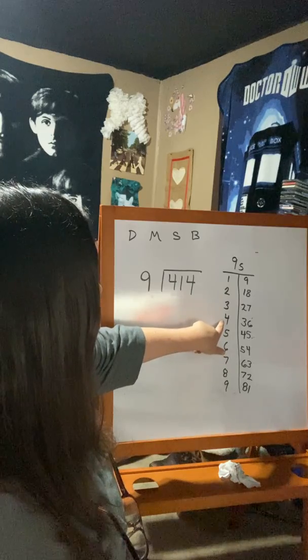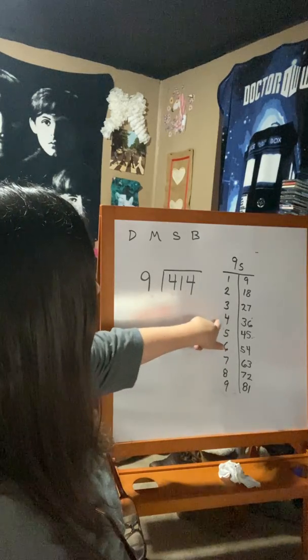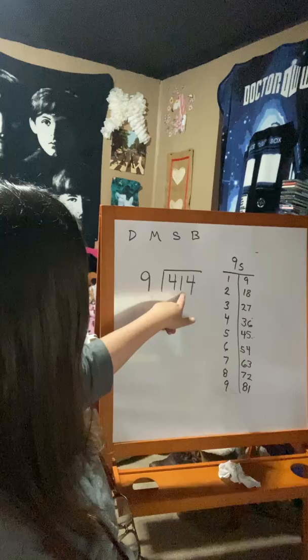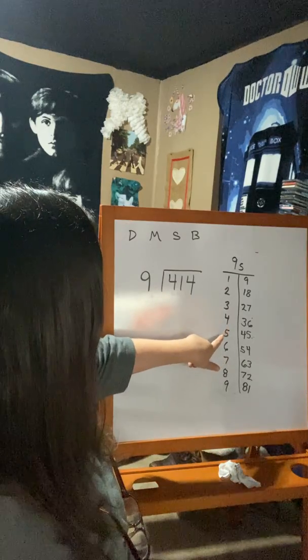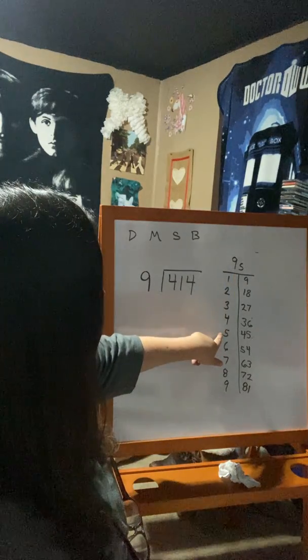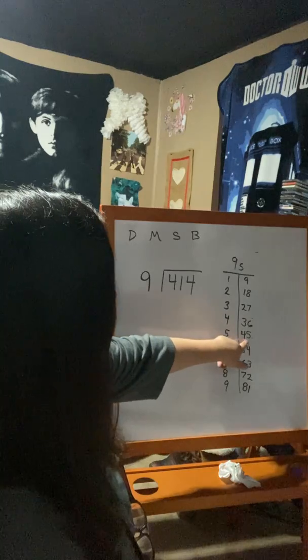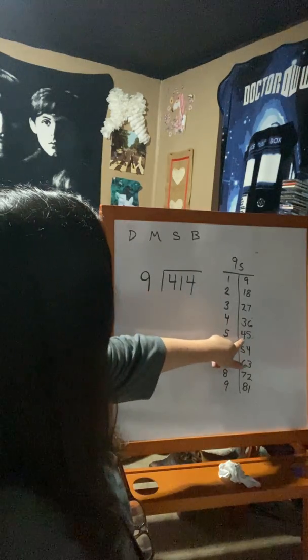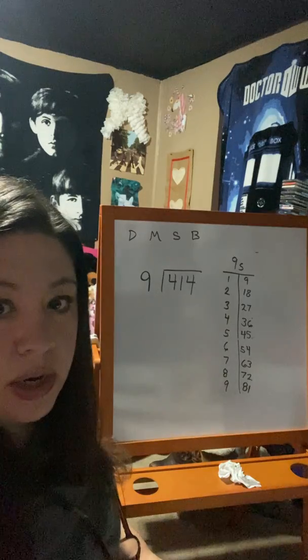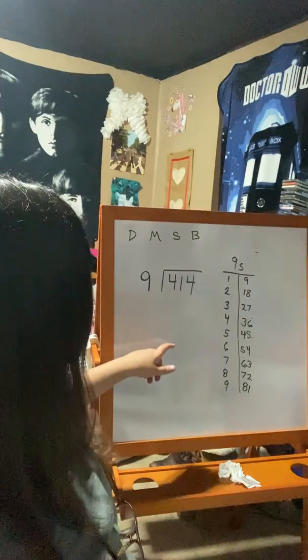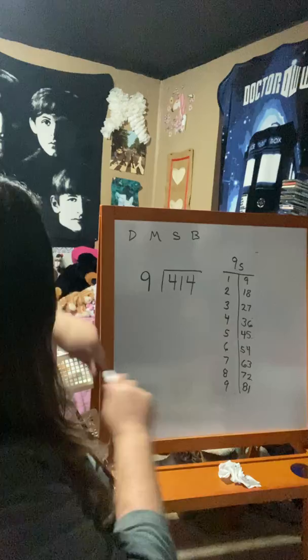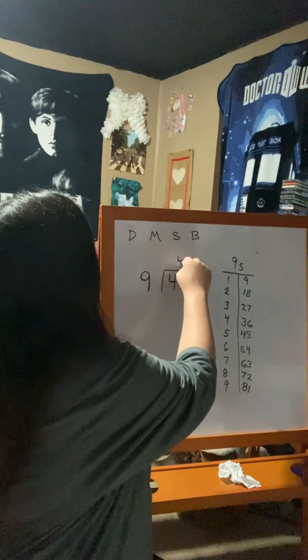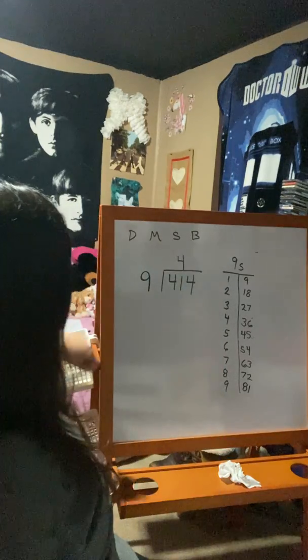Will 9 go into 41 4 times? Yes. 36 is smaller than 41. Will 9 go into 41 5 times? No. If we put a 5 up there, when we multiplied, it would go to 45. That's too much. So we have to put a 4 right here. So that's where we divided.